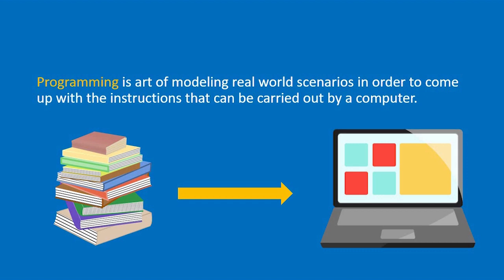The goal is to create a set of instructions called a program, as I said earlier, that tells a computer what to do in order to solve a specific problem that you're trying to accomplish. Programming requires logical thinking, problem solving skills, and you have to be creative as well.